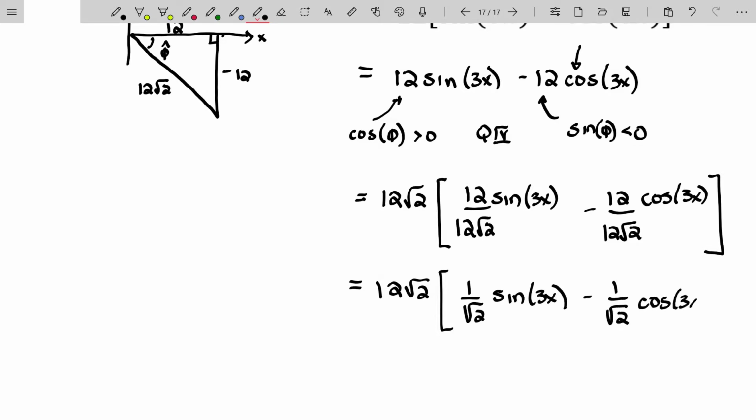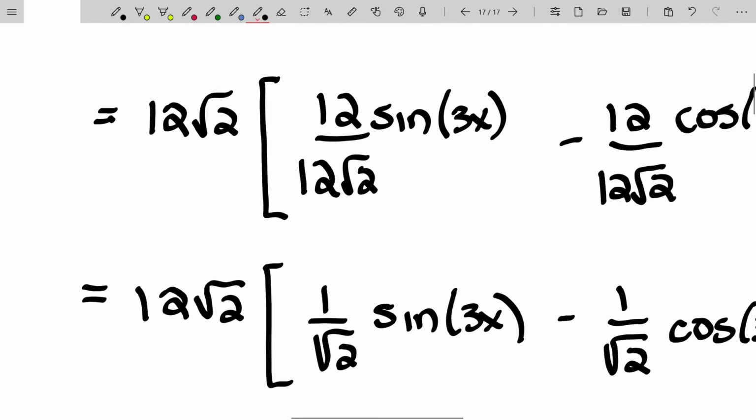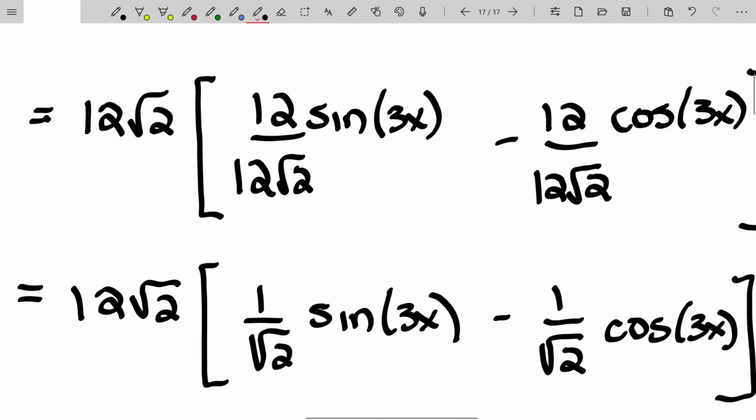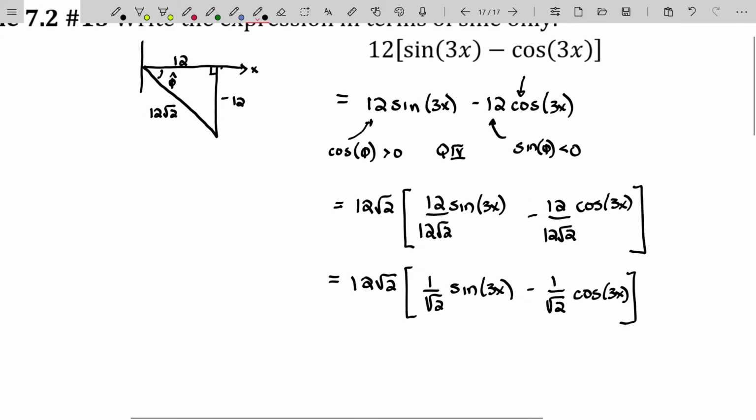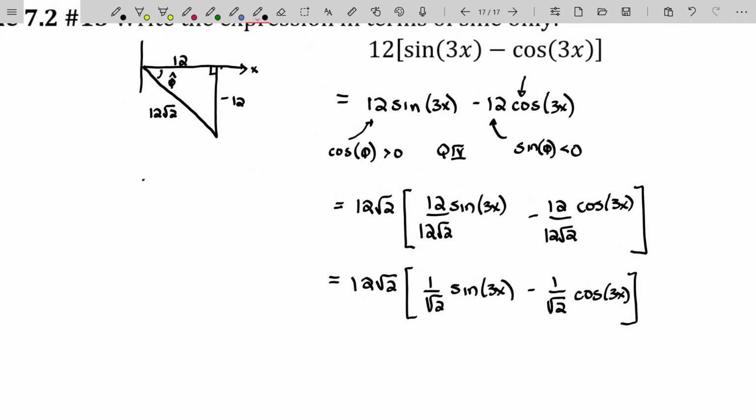Having done that normalization, it reduces the coefficients of these trig functions from being of size 12 down to something of size less than 1, which is very important when you want to transition over to sines and cosines. And we happen to know our reference angle is going to be 45 degrees or pi over 4 radians, and we're in quadrant 4.